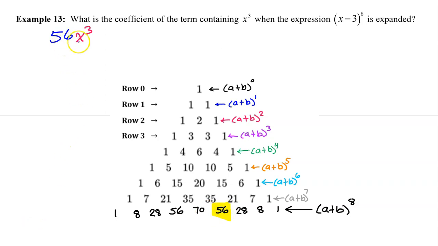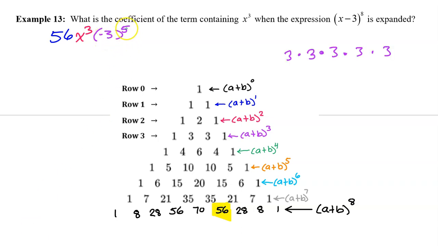So far we have 56x to the third power, but now this is going to be multiplied by negative 3 to some power. What will be the power? This one starts off from the right at negative 3 to the 8th power. Then it goes negative 3 to the 7th power, 6th power, 5th power. So I need to do negative 3 to the 5th power.